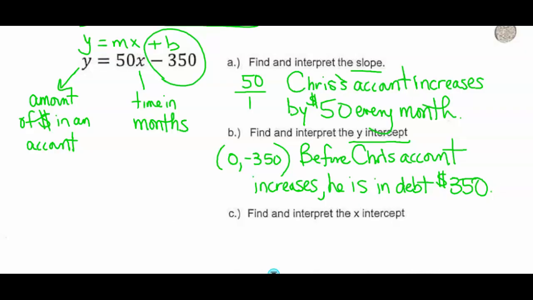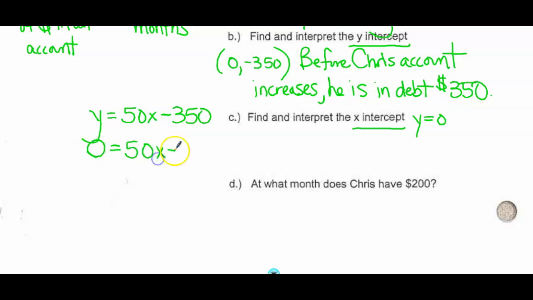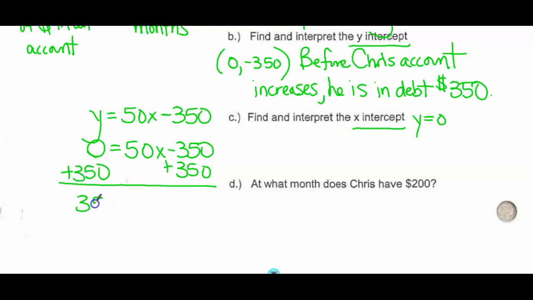Questions, email me. The last two says, find and interpret an x-intercept. Well, when an equation is in slope-intercept form, there is no x-intercept. So to find it, you have to make y 0. So we put a 0 where y is, and we're going to solve this equation for x. So I add 350 to both sides, and I get 350 equals 50x.